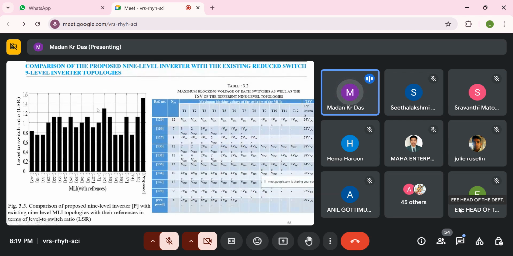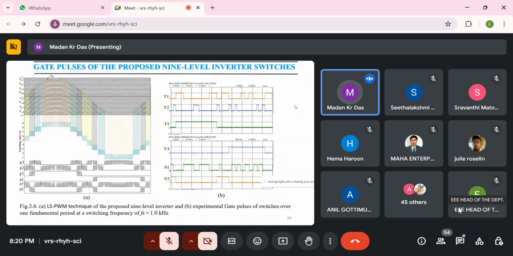And now this is the comparison table of the proposed 9-level inverter with the other inverters. We can compare in different categories like total standing voltage, switching losses, TSB, different types of comparison we have mentioned.